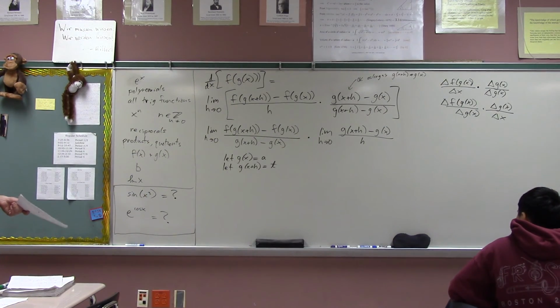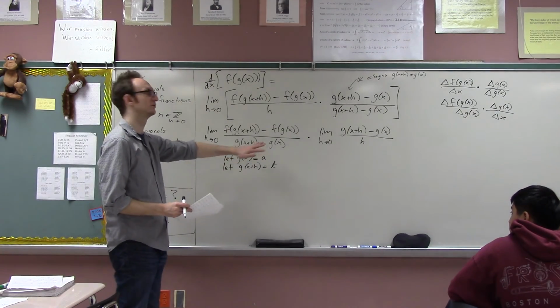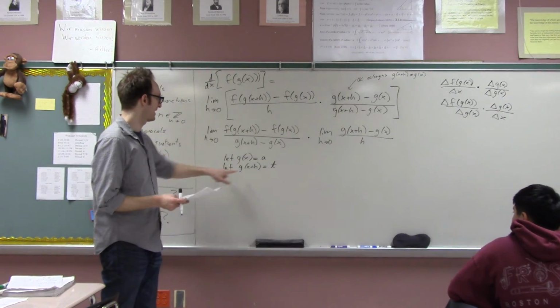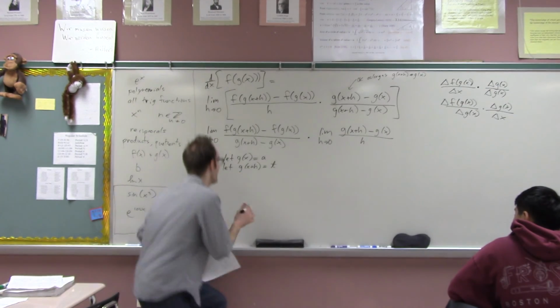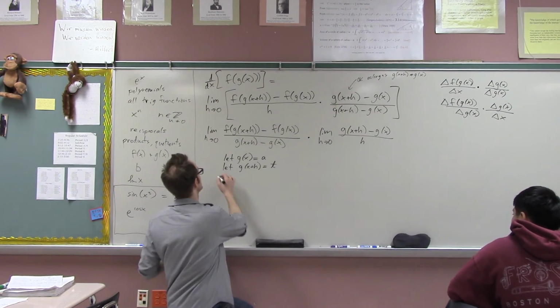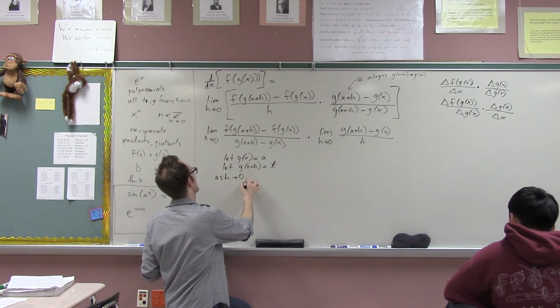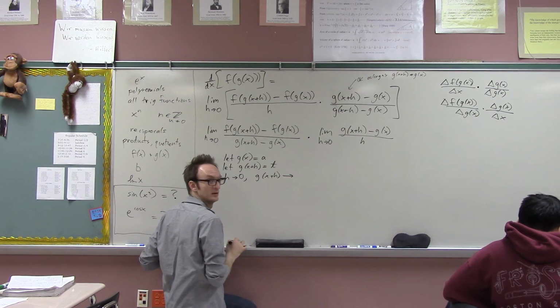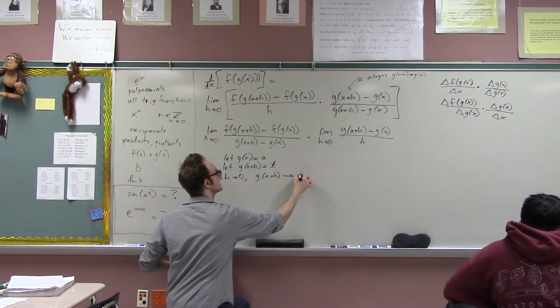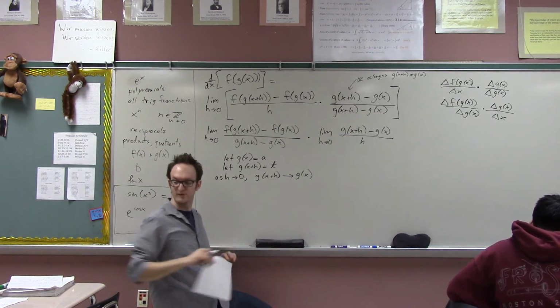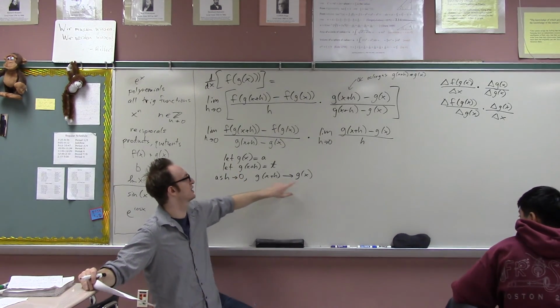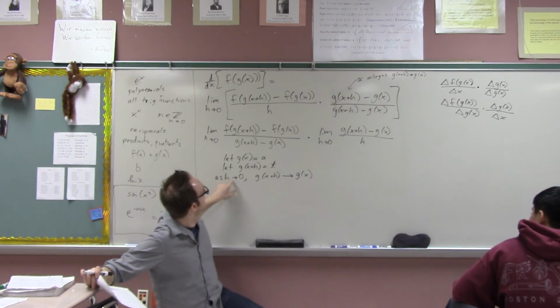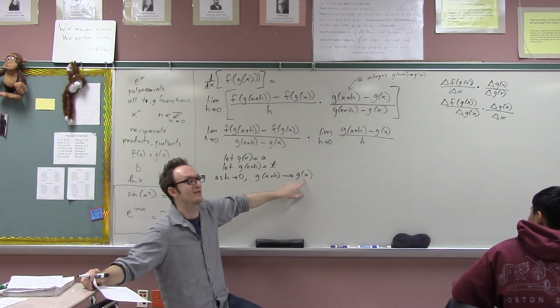Now if I'm going to perform a limit switch, I need to also determine what these things are going to as h goes to 0, right? So I guess it's just this one that's important. As h goes to 0, what can I say about g of x plus h? It goes to g of x. And what actual property of g am I citing by saying that as h goes to 0, g of x plus h goes to g of x?